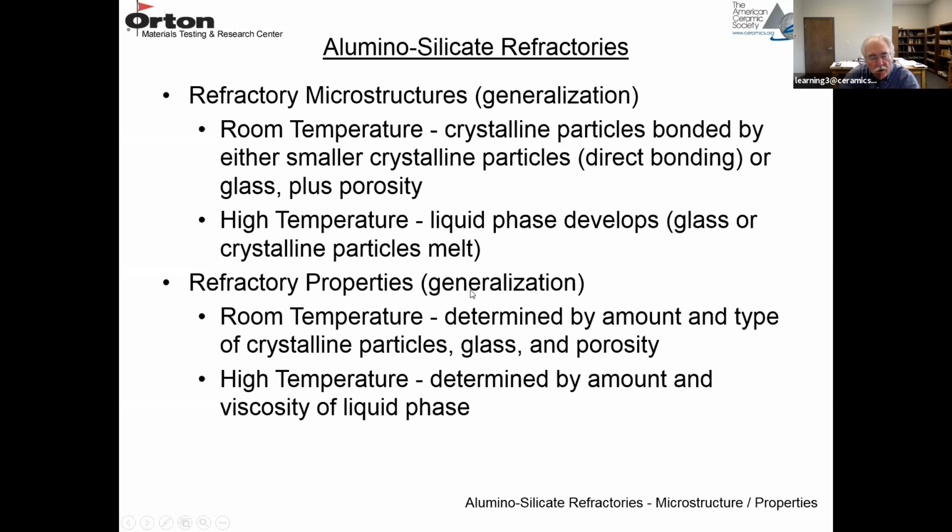The refractory properties, well, at room temperature, it's determined by the amount and type of crystalline particles, glass, and porosity. Glass is rigid, strong at room temperature. So the room temperature mechanical properties are going to be quite good. At high temperature, the properties are going to be determined by the amount and viscosity of the liquid phase that forms. So the more liquid phase, the properties are not going to be as good as a material with a lower liquid phase content.